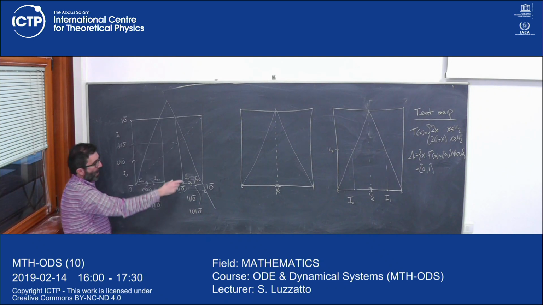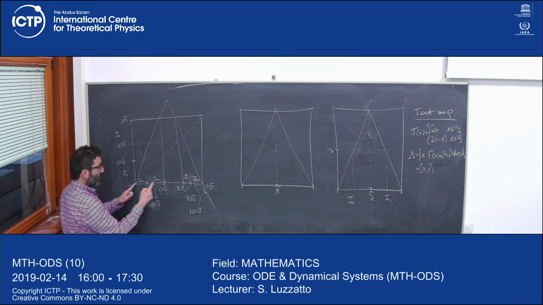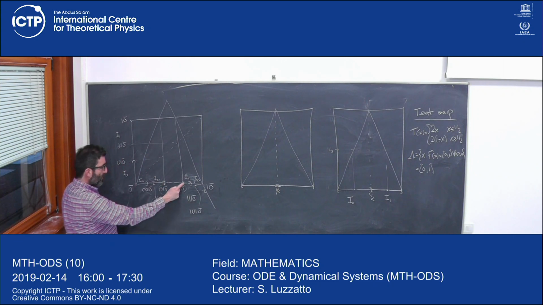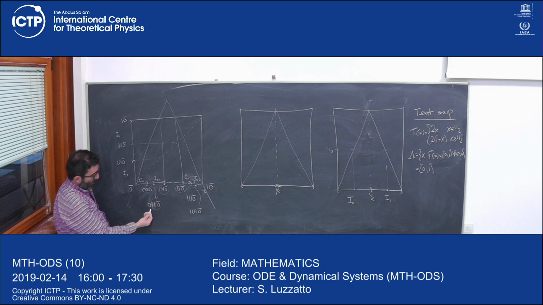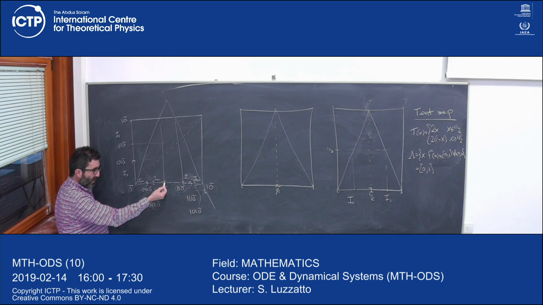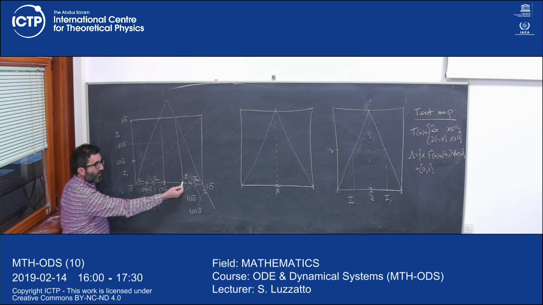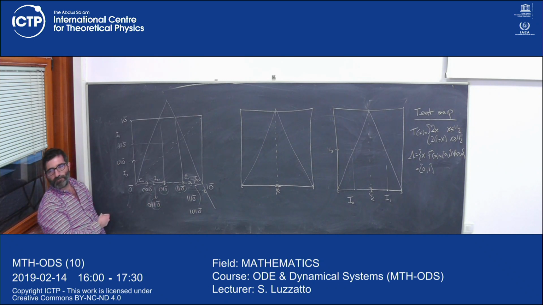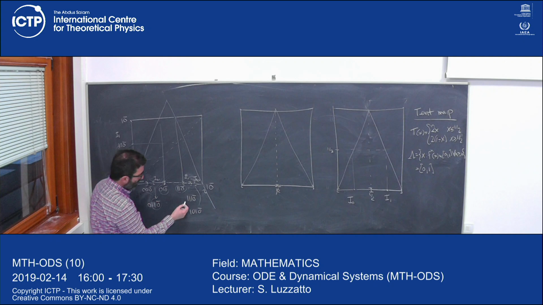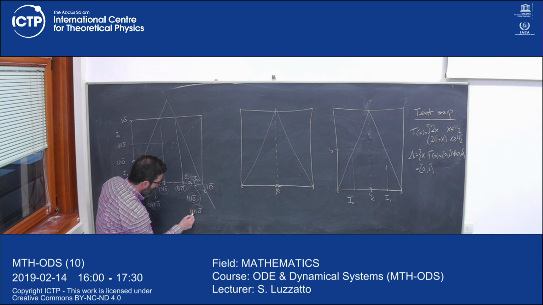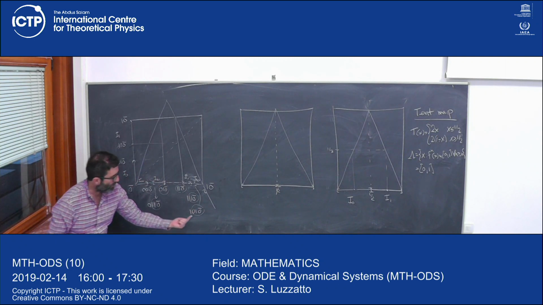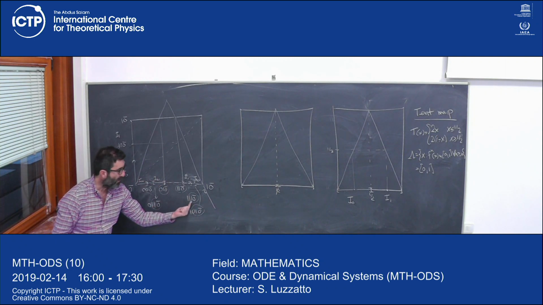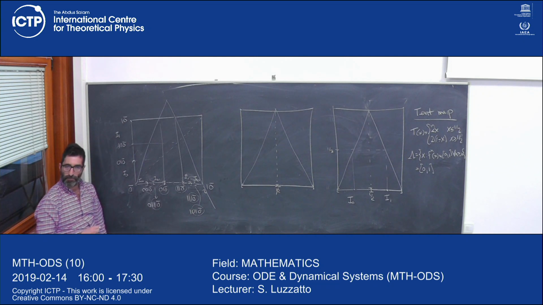This one here maps to this, and this one here maps to this. You can see from the coding that this one has a 0 followed by the coding of this point, and this one has a 0 followed by the coding of this point. And the same thing on the other side. So here we have a 0, but then we have this coding, and here we have a 1, but then we have this coding. So this is the coding of this point, and this is the coding of this point.